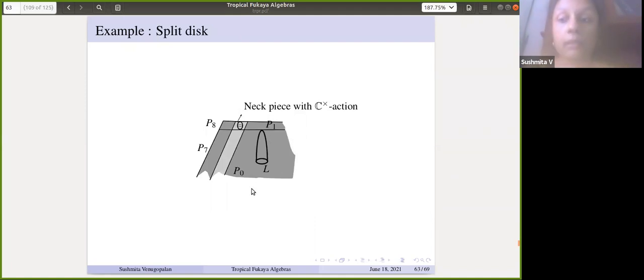And in the neck piece, there is a C-star action. That exactly accounts for what we said earlier, which is that you produce extra dimensions by getting rid of the matching condition. In this case, the matching condition is of codimension 2, so that reappears as the tropical symmetry group, which is a C-star in this case.